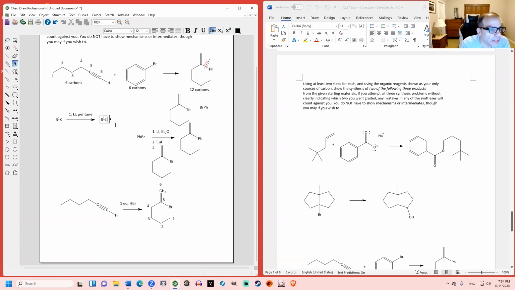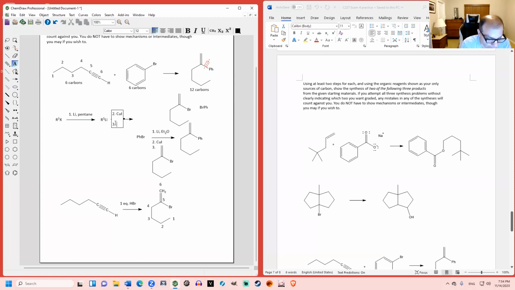That converts the alkyl halide to an alkyl lithium. And then you treat it with copper(I) iodide. That gives the cuprate. We didn't really talk much about the structure of the cuprate. It's very complicated, actually.